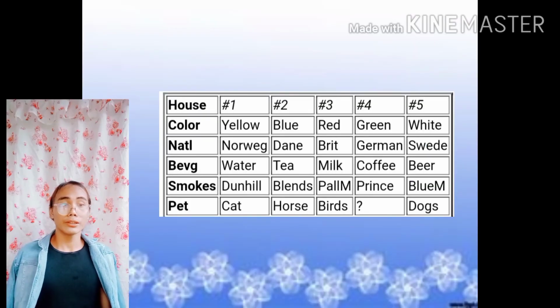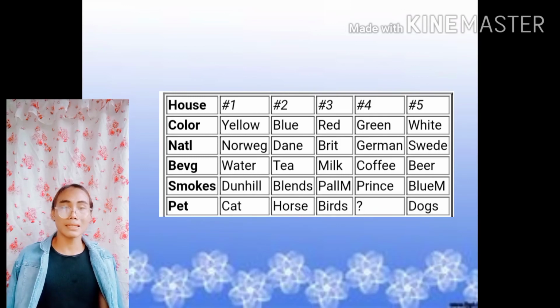We know the beer drinker smokes Blue Master. The only houses that could drink beer are number 2 and number 5. But since number 2 smokes Blends, number 5 must be the house which drinks beer and smokes Blue Master. And number 2 has to be the house that drinks tea and the house of the Dane.